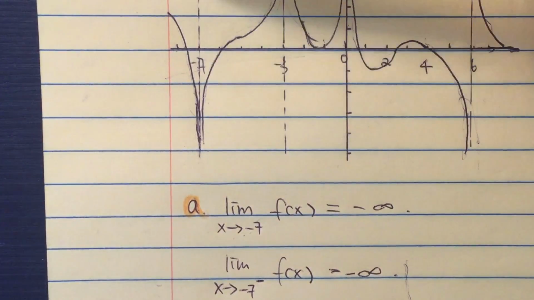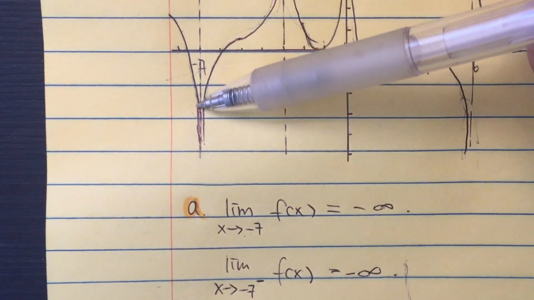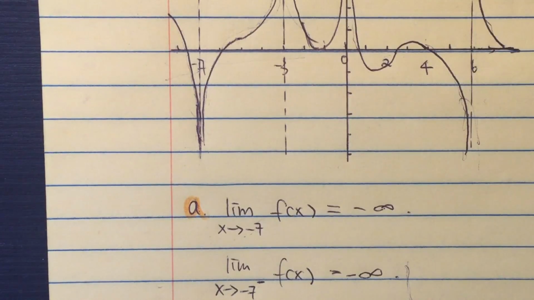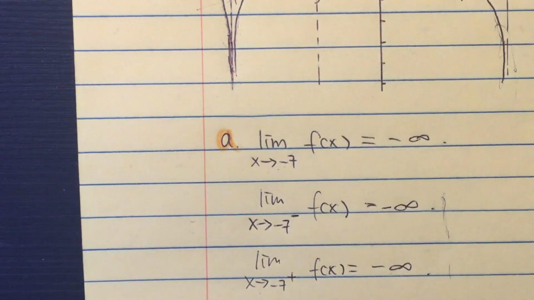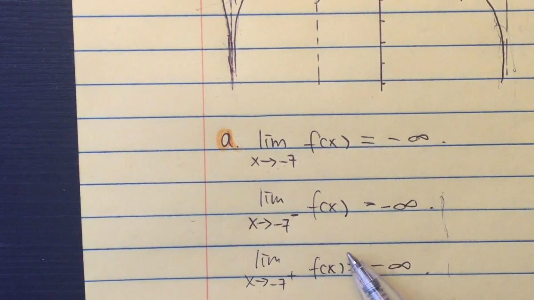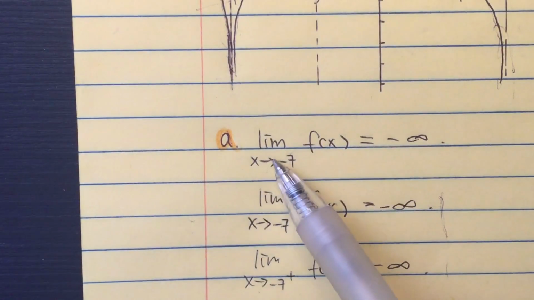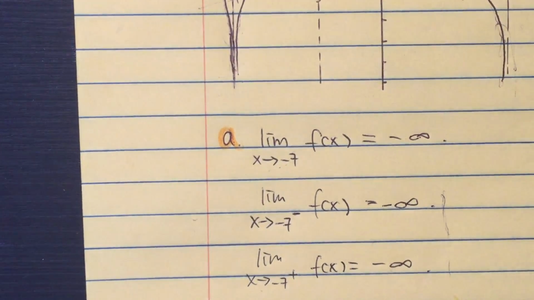As we can see, from the left side at -7, the value goes down to negative infinity. So the limit as x goes to -7 from the left, f(x) equals negative infinity. And the same with the limit as x goes to -7 from the right side, f(x) equals negative infinity. So we can tell that the limit as x goes to -7 of f(x) equals negative infinity.